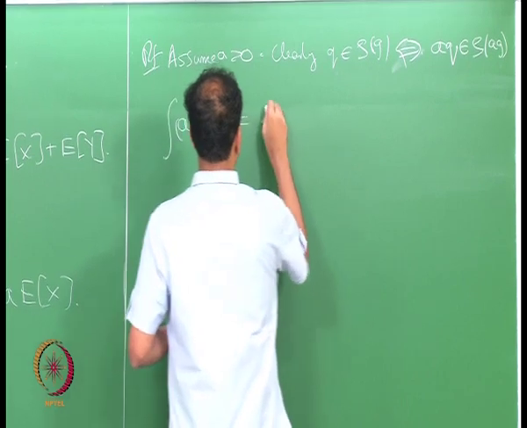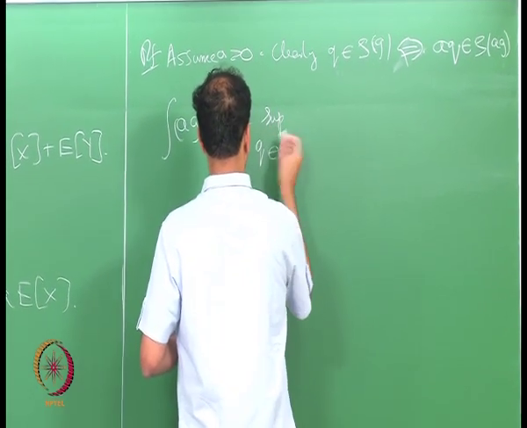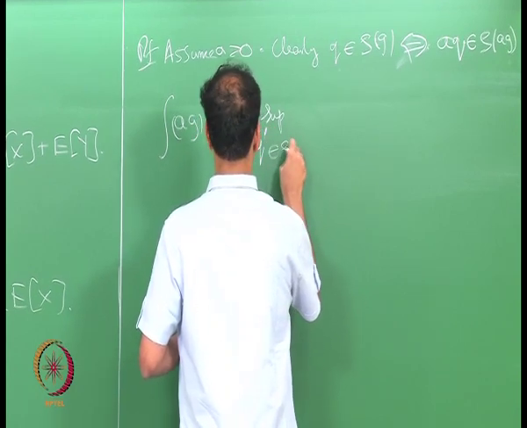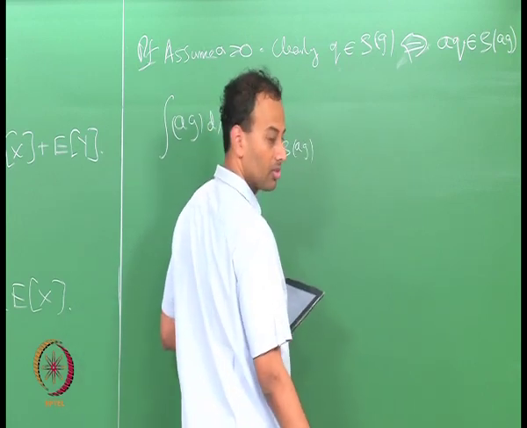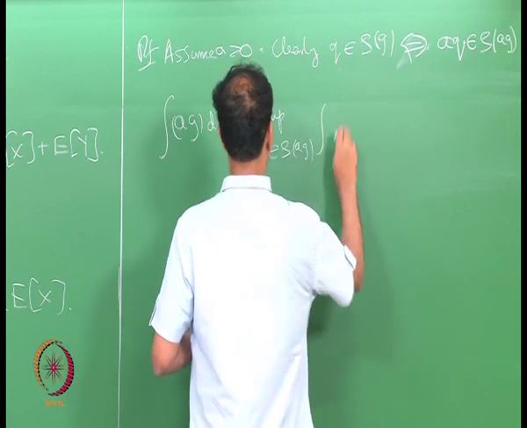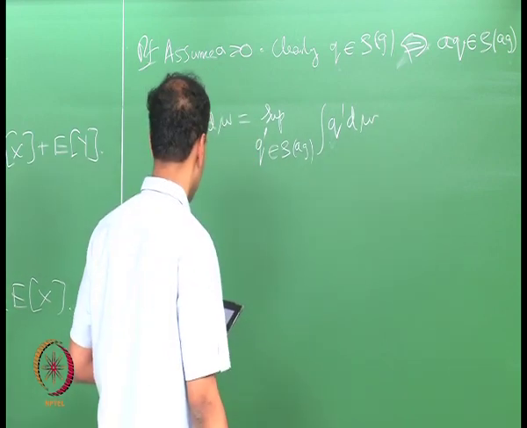It is the supremum over all q prime in S of a g of the integral of q prime d mu. That is by definition.